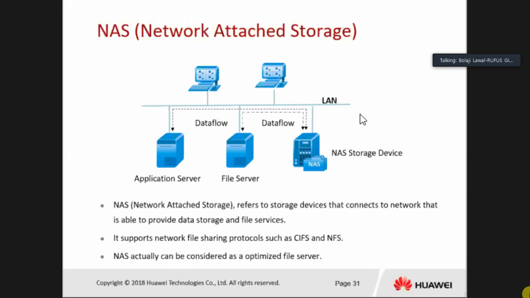NAS generally consists of several components such as storage hardware, operating systems, and a file system. It is based on the TCP/IP protocol to achieve file level data access services. Instead of relying on a common operating system, NAS connects storage devices through a standard network topology, eliminating the need for a dedicated server to access the network.